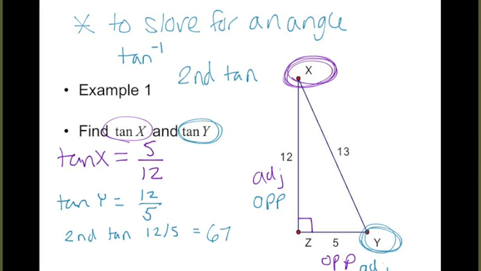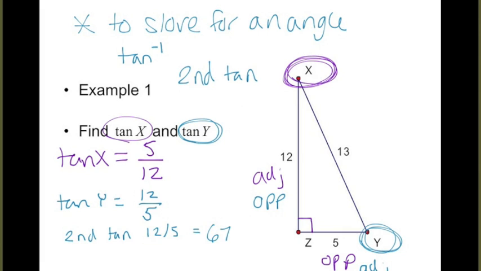If you get 1 point something something, that means the mode on your calculator is wrong, and we'll change that now, and then you won't have to go mess with it again. So if you did not get 67, but you got 1 point something something, what you need to do is find your mode button, which is right at the top of your calculator. On about the 3rd or 4th line down, there are 2 options that say radian and degree.